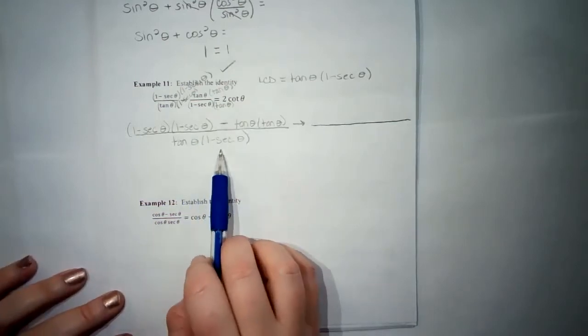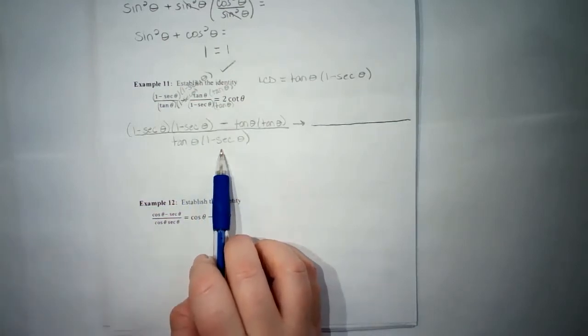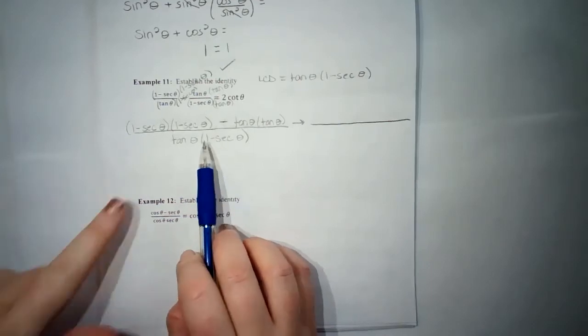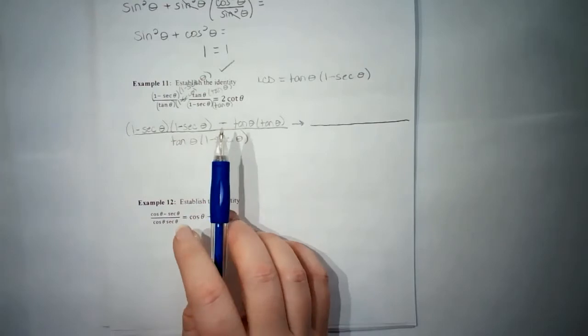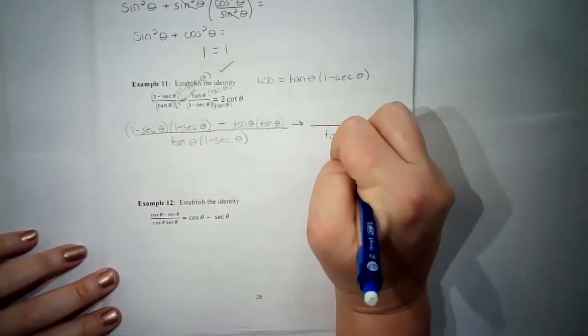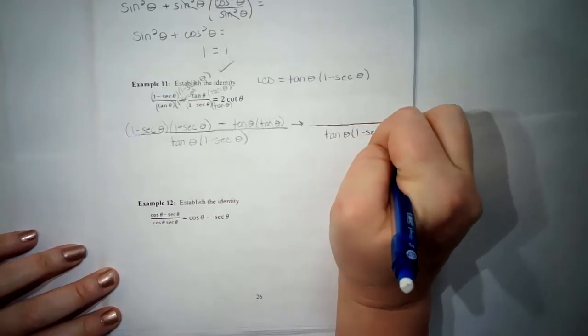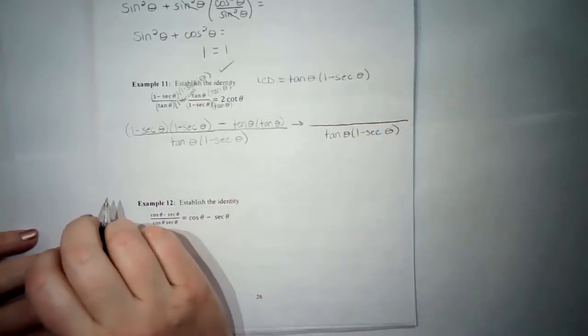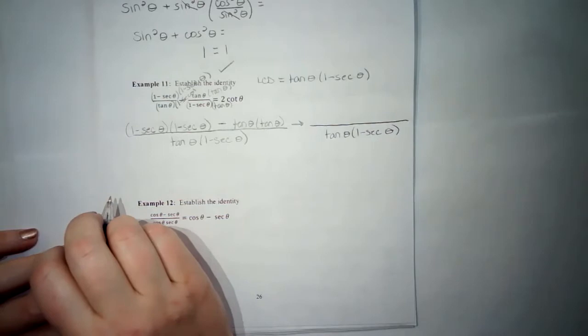I am not going to distribute this until I get to the very end and see if it needs to be distributed. Chances are one of these two items is going to cancel on its own. That's just from experience with identities, but I'm not going to distribute him yet until I know he needs to be distributed.